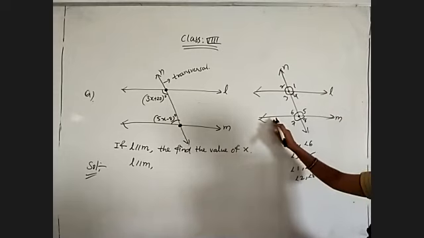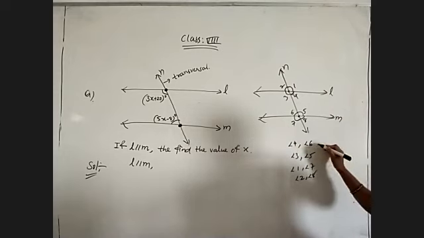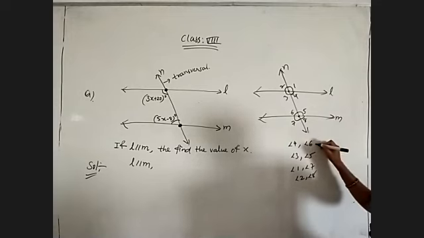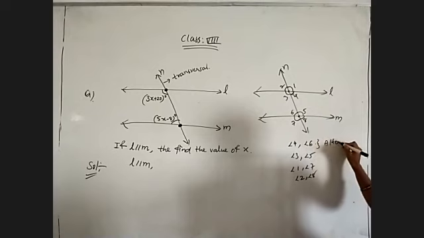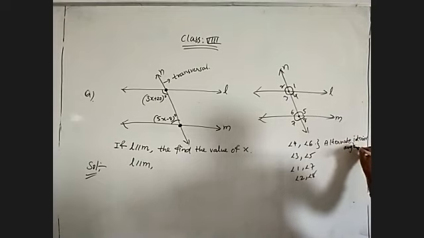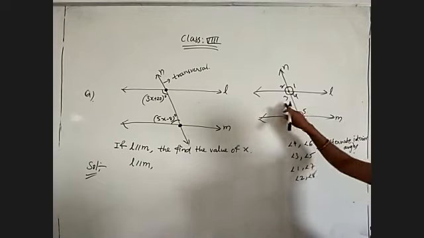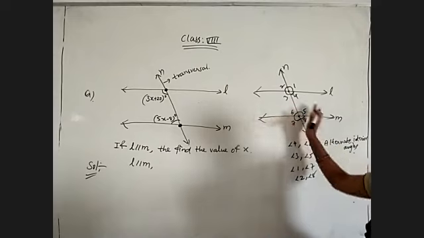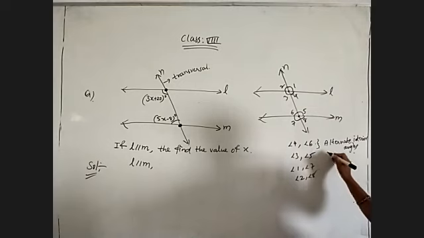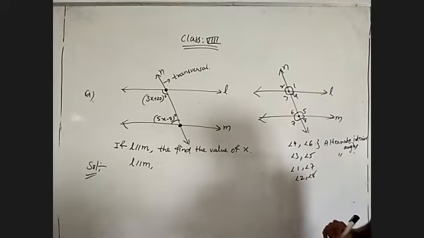If two angles are on either side of the transversal and both are interior, they are said to be alternate interior angles. 3 and 5 are both interior and on opposite sides of the transversal, so 3 and 5 are also alternate interior angles.